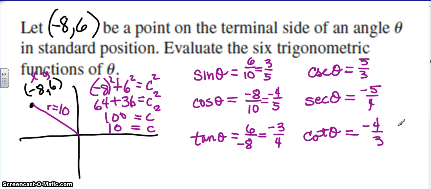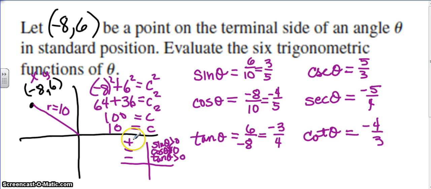You want to remember that when you're in the coordinate plane, in the first quadrant your sine is greater than 0, your cosine is greater than 0, and your tangent of theta is also greater than 0. In the second quadrant, your sine is positive, the cosine is negative, and your tangent is negative.